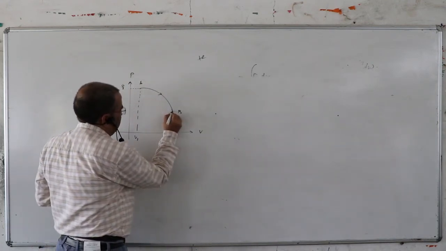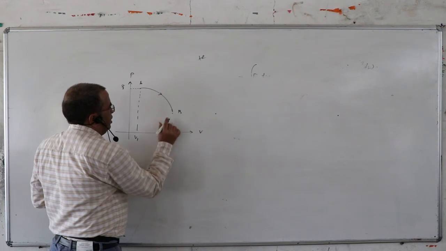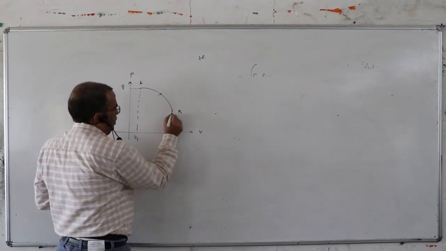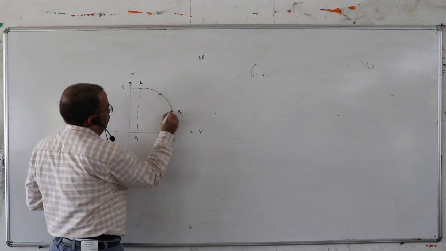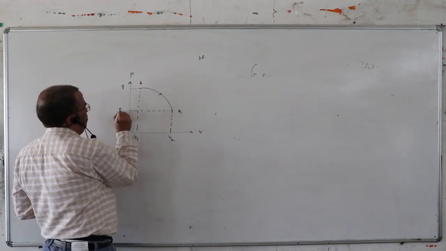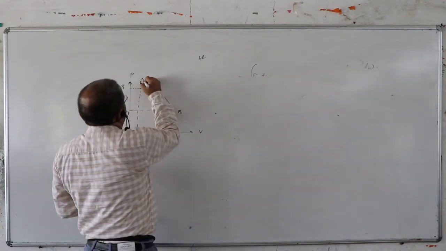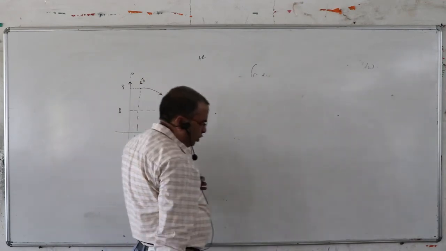Similarly, when it reaches B, we can see volume is V2, whereas pressure is P2, and temperature maybe T2 here.